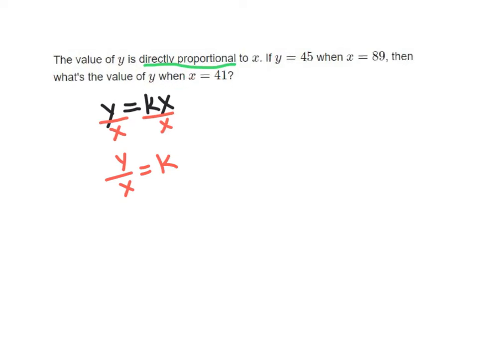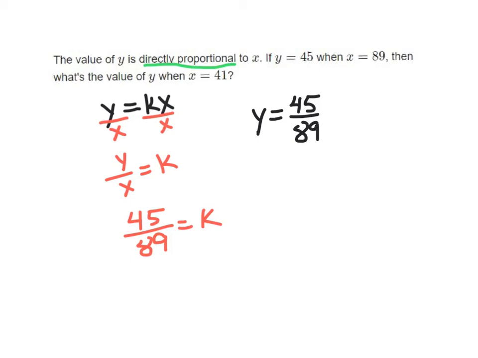So if y equals 45 and x equals 89, then what's the value of y when x equals 41? Well, let's go ahead and plug in our values here. So when y is 45 and x is 89, then that equals k. So we would plug that into the equation y equals kx, so we'd say y equals 45 over 89 times x.